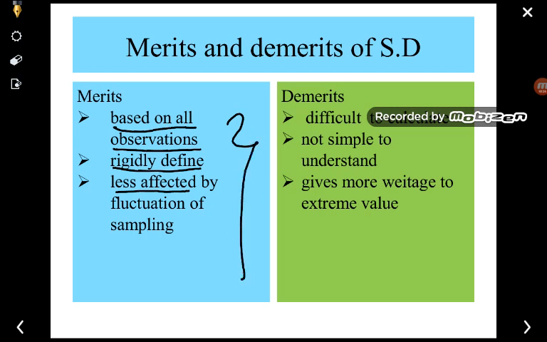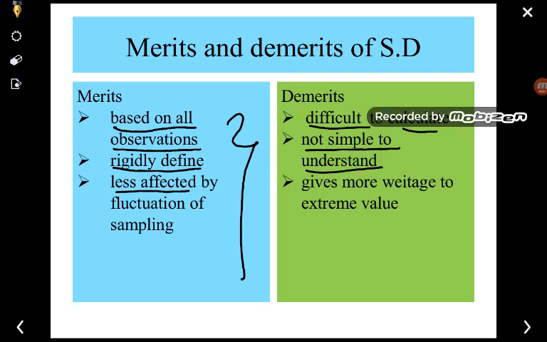Now what are the demerits? Until and unless you know the formula, you can't calculate it. So it is difficult to calculate. And it is not simple to understand. If you understand the concept once, you can calculate it. But measures like the median and range are very simple. We understand that the median means taking the middle term.